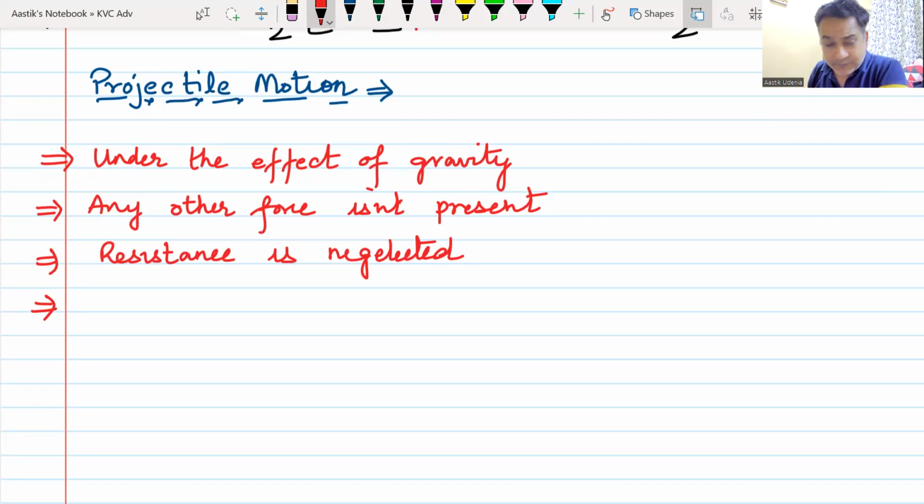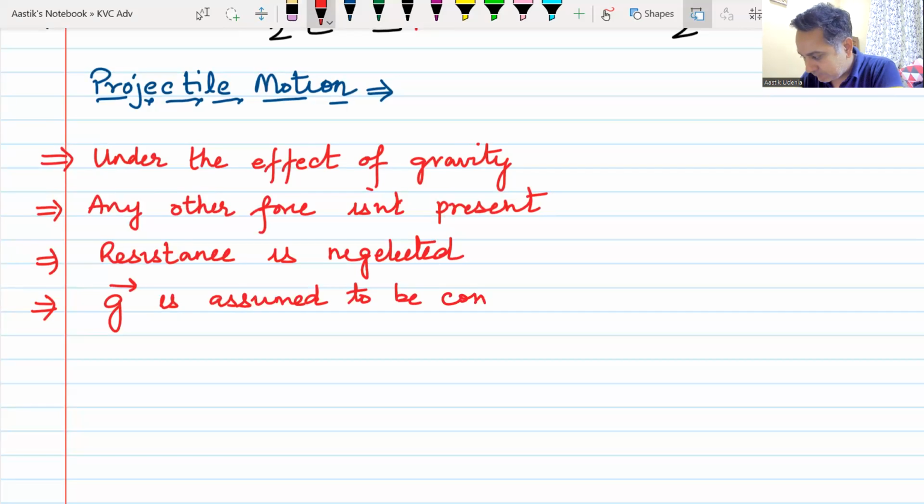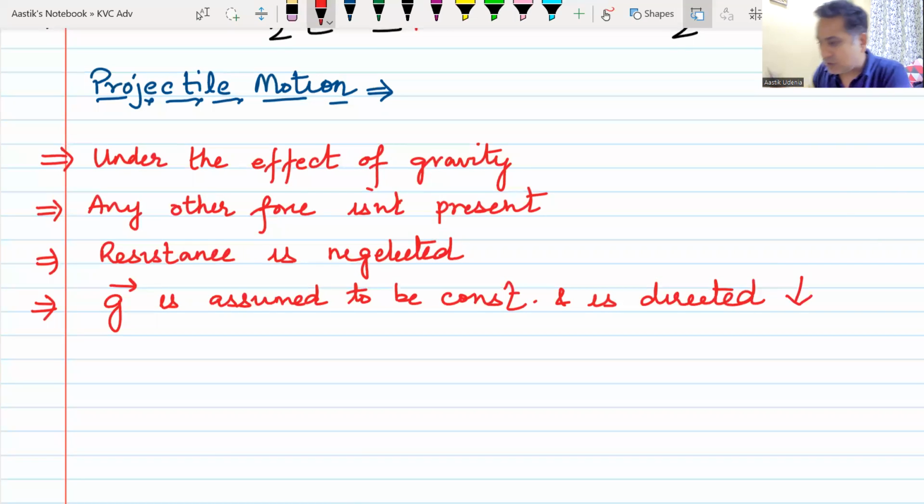The motion is taking place under the effect of gravity. g, the acceleration due to gravity, is assumed to be constant and directed vertically downwards, which is obviously not exactly the case, but this is the assumption that we are taking.